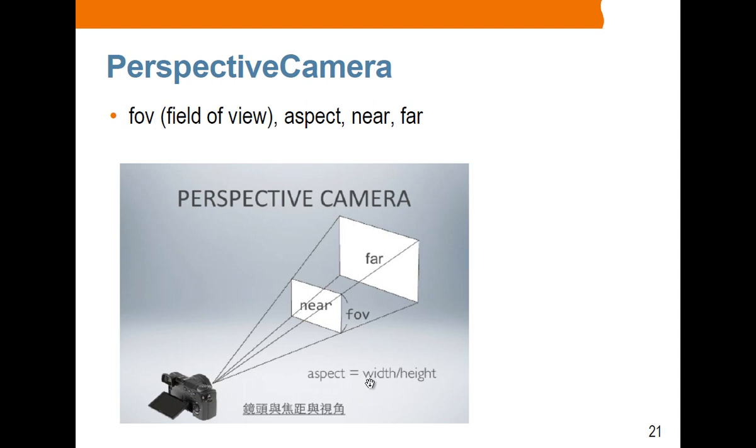Aspect is width by height. This is the aspect of your TV, basically 16 to 9 or whatever. And then we have a near point and a far point. Objects only between these two, near and far, will be captured, meaning they are going to be rendered. If you have an object before near or after far, those are not going to be rendered. So only objects that are placed in between near and far will be rendered.